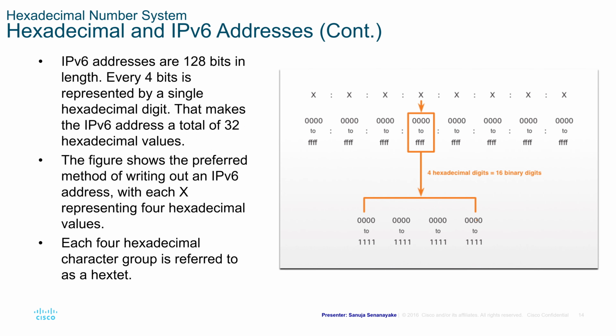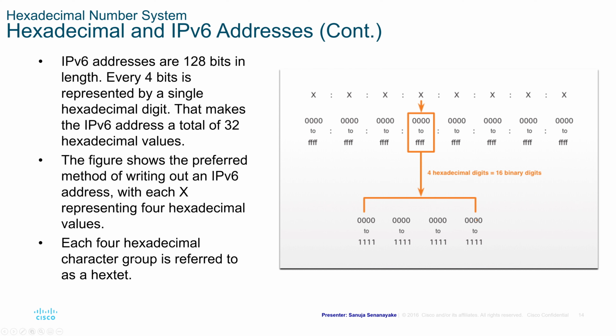IPv6 addresses are 128 bits in length as opposed to 32 bits. Every 4 bits are represented by a single hexadecimal digit. That makes the IPv6 address a total of 32 hexadecimal values. The figure on the right hand side shows the preferred method of writing out an IPv6 address, with each X representing 4 hexadecimal values.